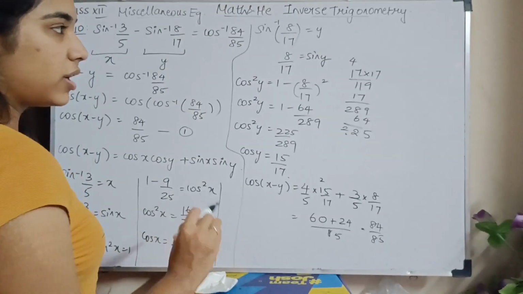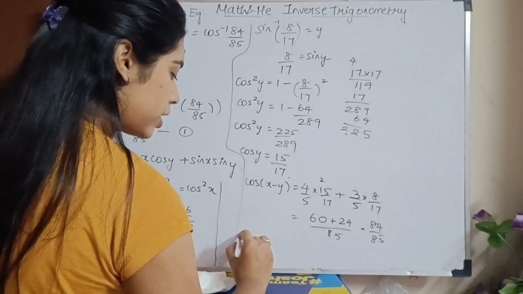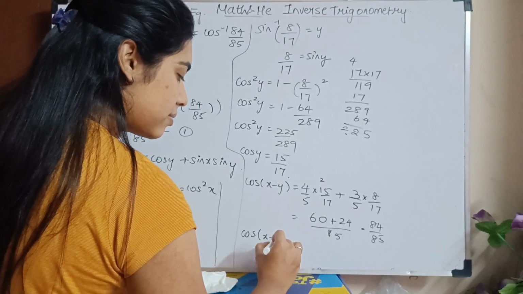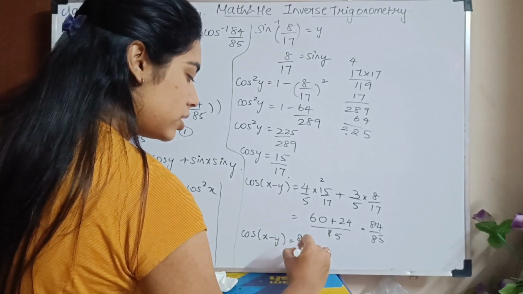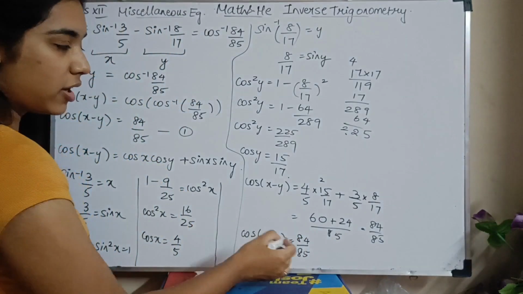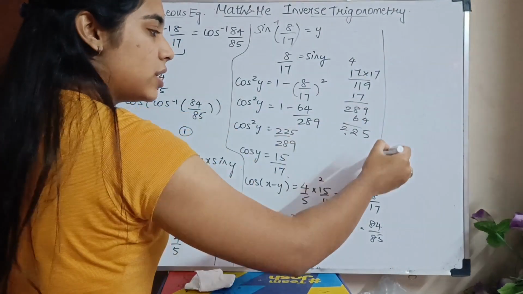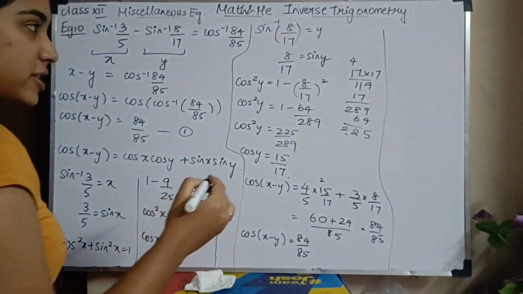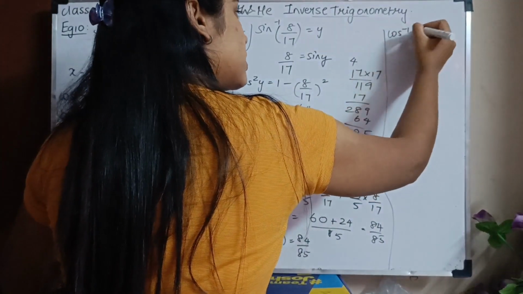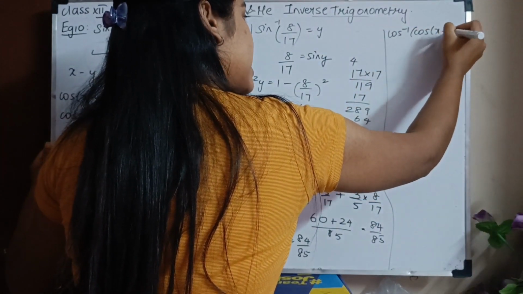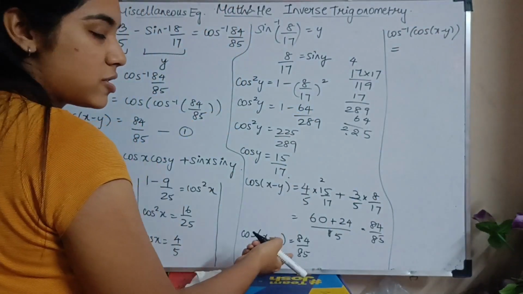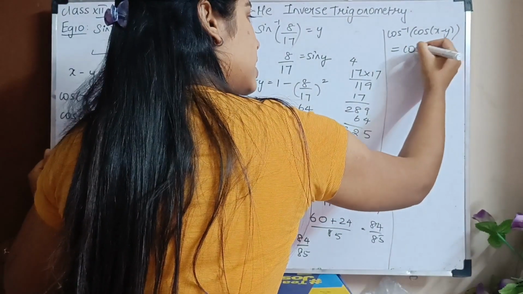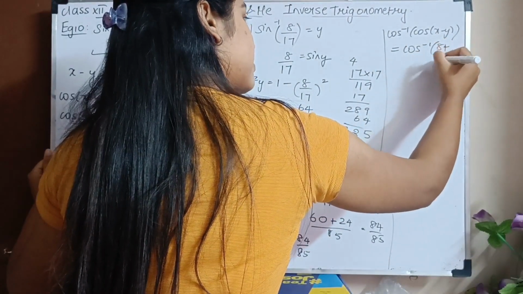We got the answer, but we have not written the final solution yet. So what have we found out? Cos of x minus y is 84 divided by 85. So when I take cos inverse on both sides, what will I have? Cos inverse of cos of x minus y, and my RHS is going to be cos inverse of 84 divided by 85.